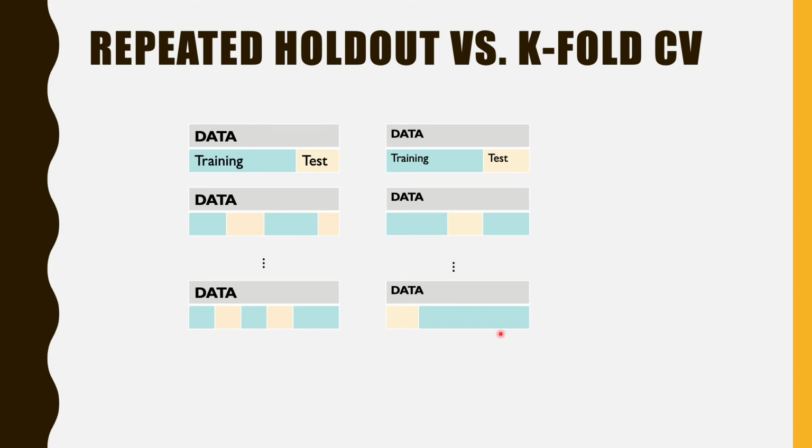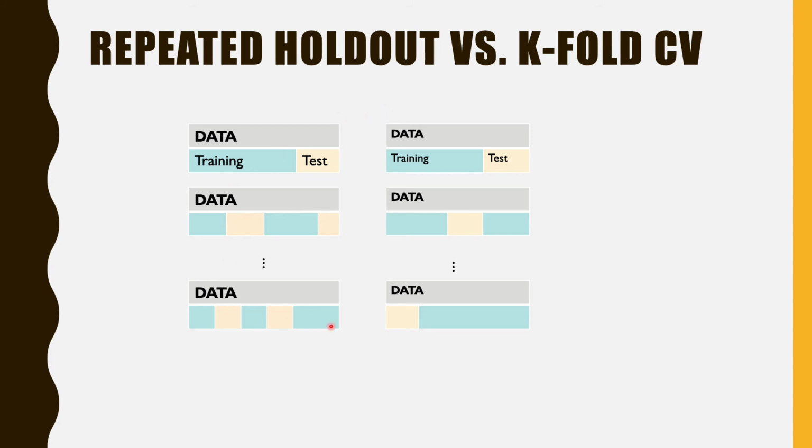You see that we are splitting our data sets into training and test in both methods. Please keep in mind that at the beginning of this cross-validation, we shuffle the data set once. It is the same for k-fold cross-validation: you shuffle your data set once at the beginning of your method.